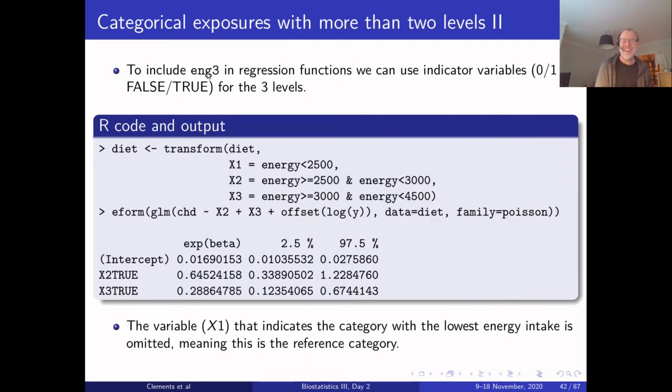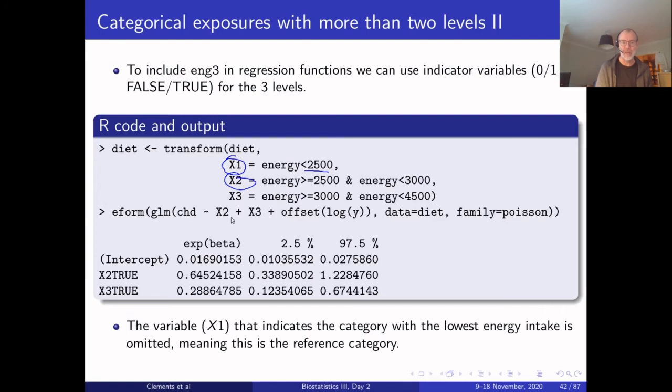To include eng3 in regression functions, we can simplify this and just include 0, 1, or true, false. So we could define x1 as energy less than 2000, x2 as between 2000 and 3000, and x3 as between 3000 and 4500.